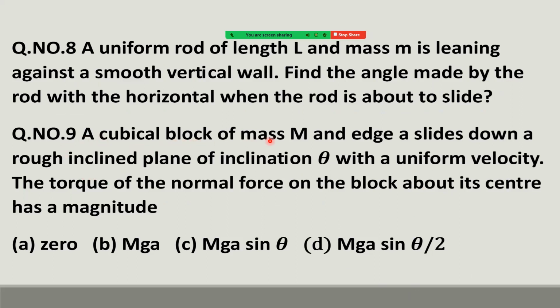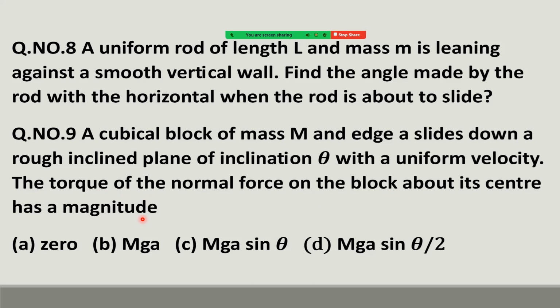A cubical block of mass m and edge a slides down a rough inclined plane of inclination theta with a uniform velocity. The torque of the normal force on the block about its center has a magnitude.